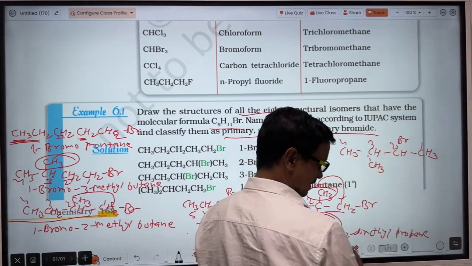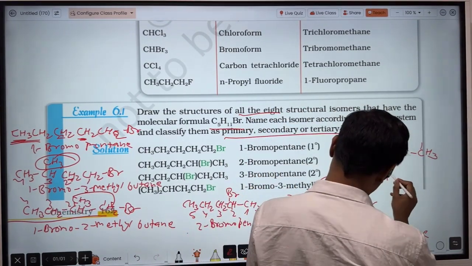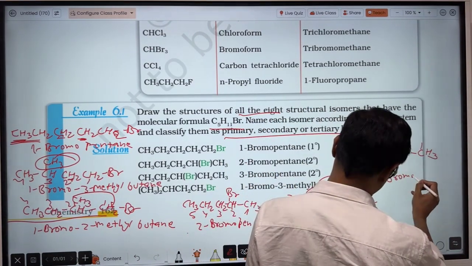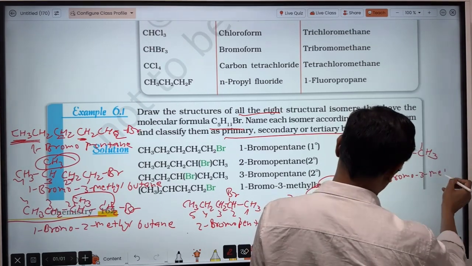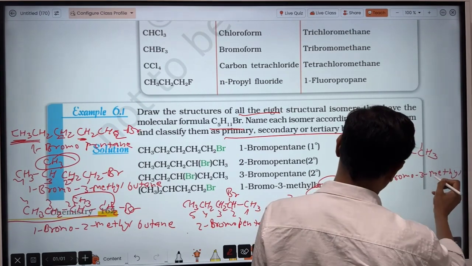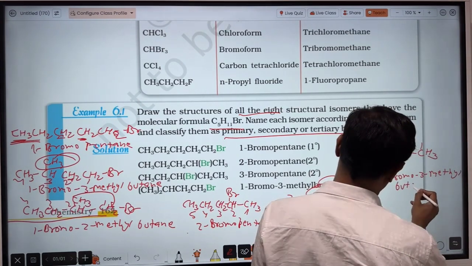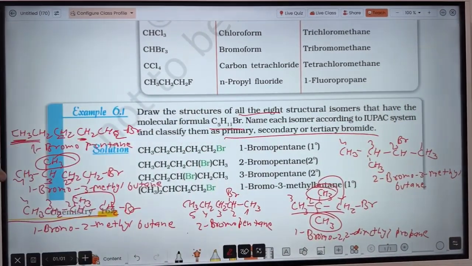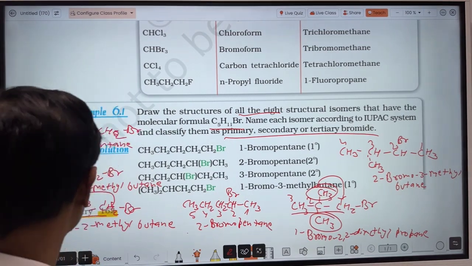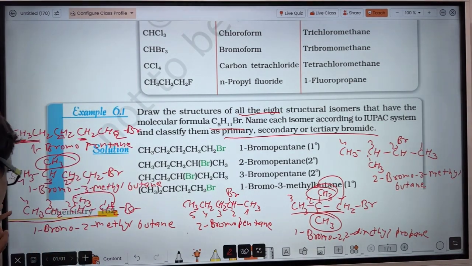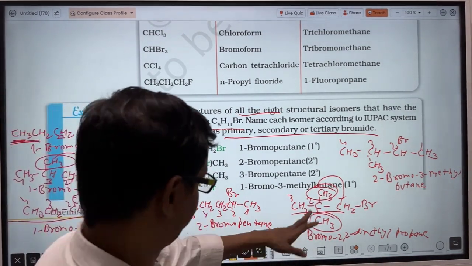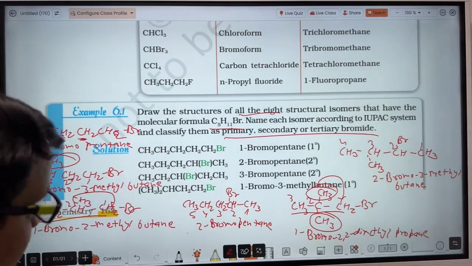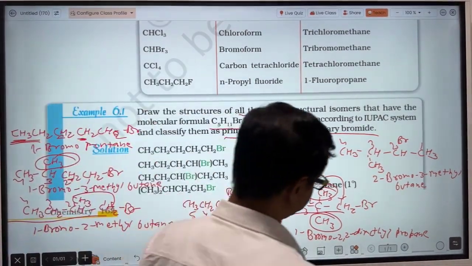So 2-bromo, 3-methyl. Okay. So 1, 2, 3, 4, 5, 6. This compound forms. Then another mode.